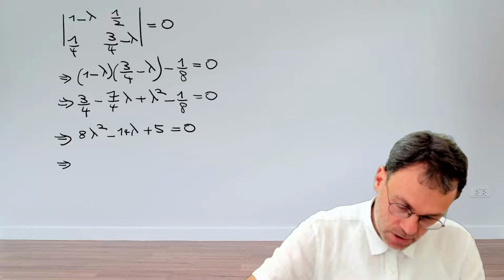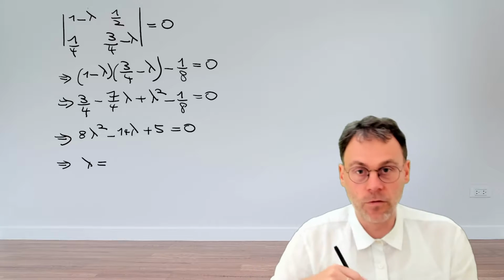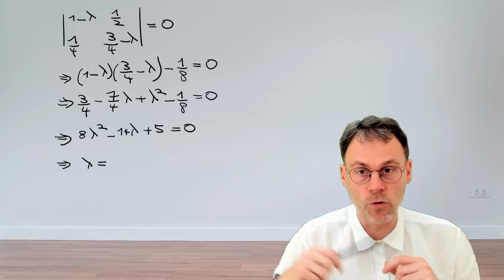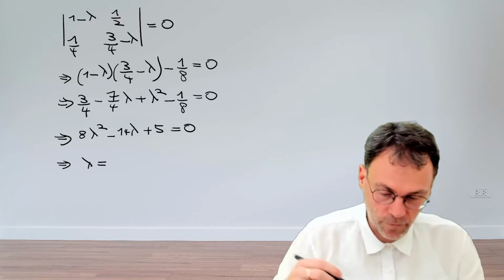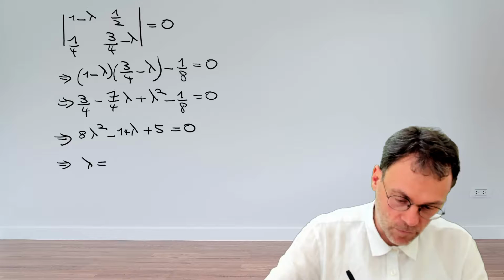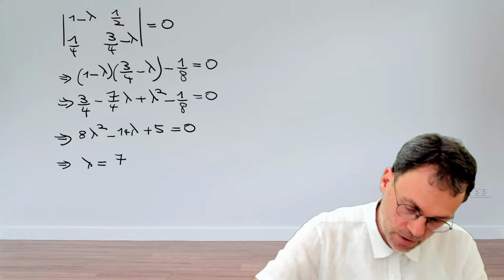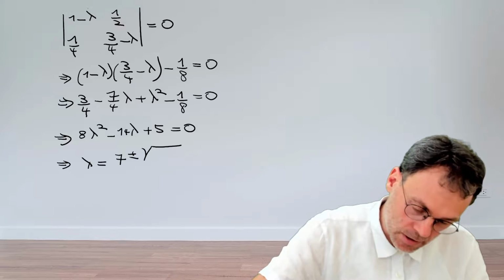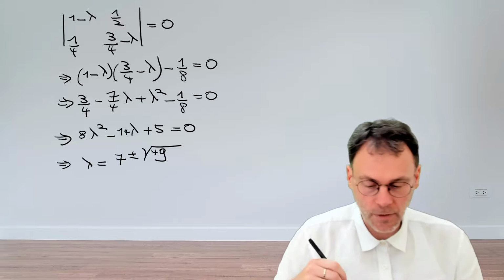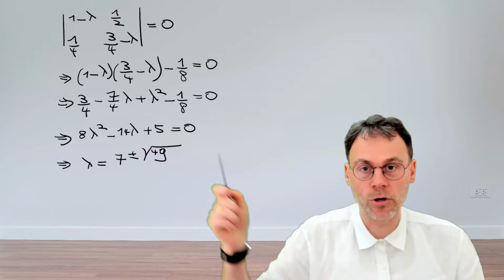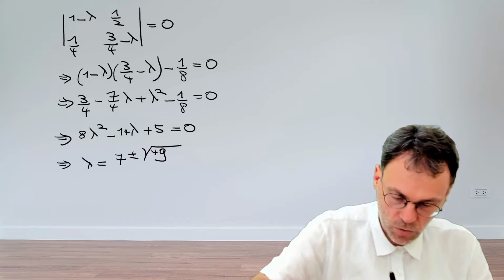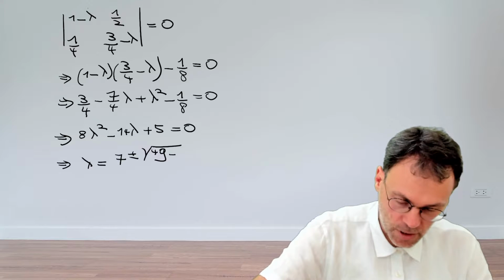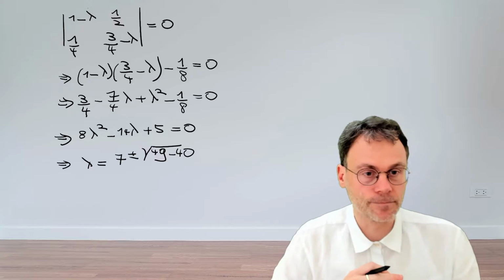Calculating the solutions, this time we can use the reduced quadratic formula, since the b coefficient is even. So we have minus half of the coefficient of lambda, so that's 7, plus or minus the square root of 7 squared, and then minus the product of the a and the c coefficients. So this gives us minus 40.